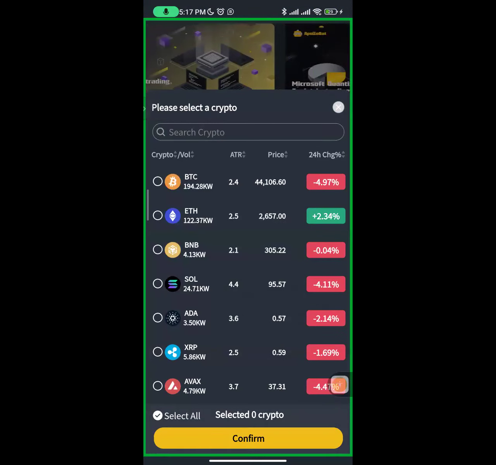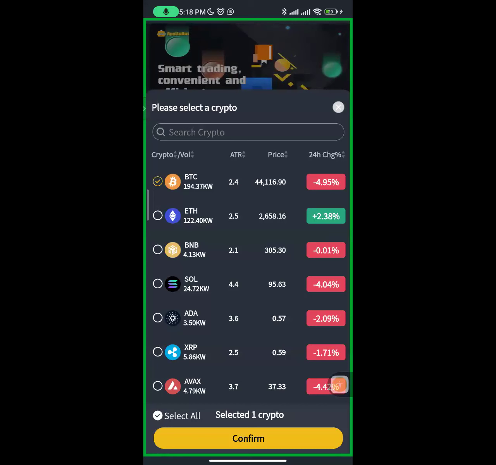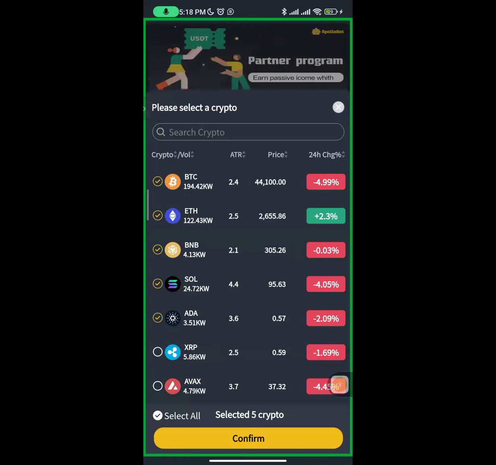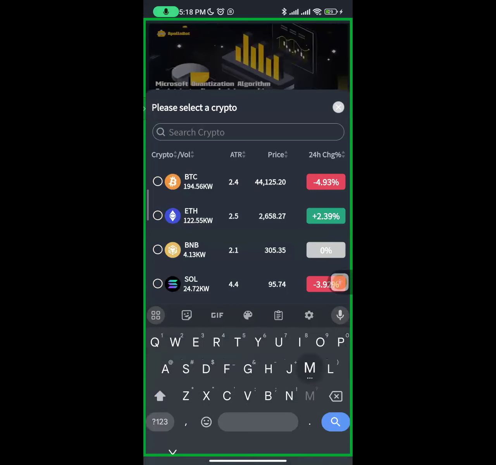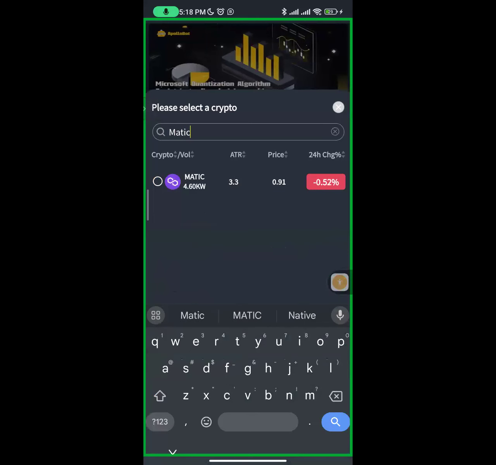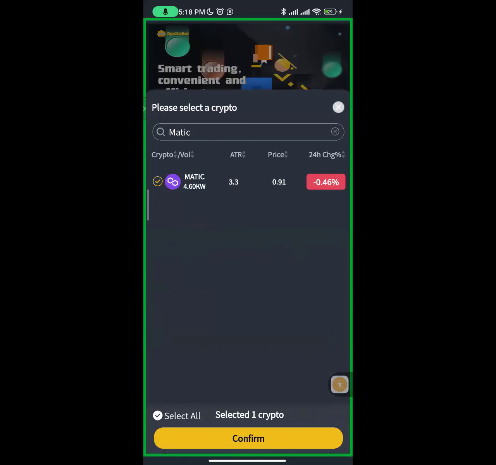So for the $100, you're only doing 2 coins. So you look for the coins. You can select the 2 of them at the same time. It's so special. It can set up a whole 80 coins at the same time. You can set up as many coins as possible. So in this case, it talked about Matic, so let's use it as an example. You select Matic. The next thing, you tap on confirm below there.